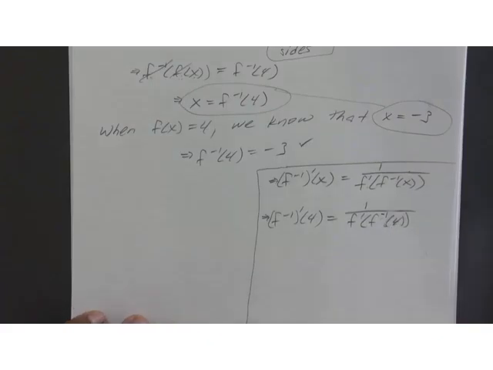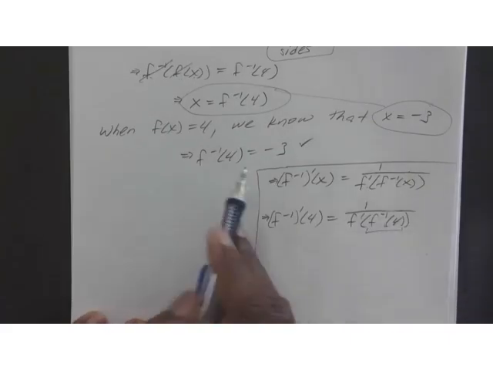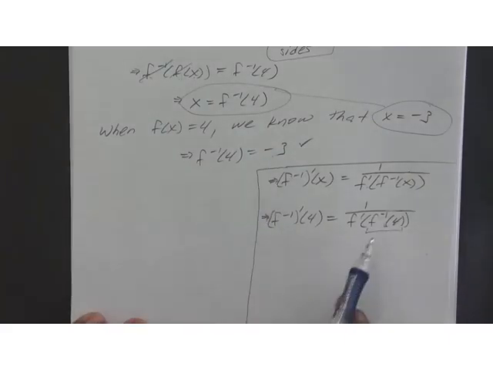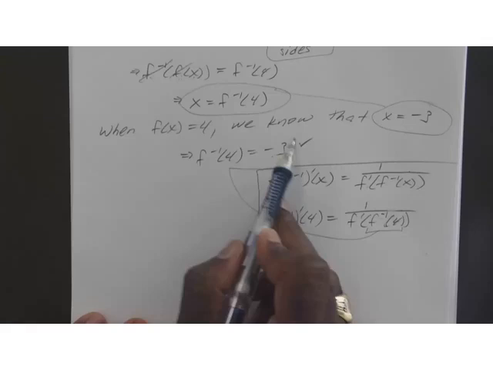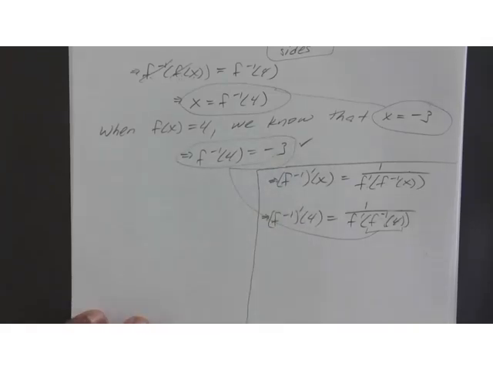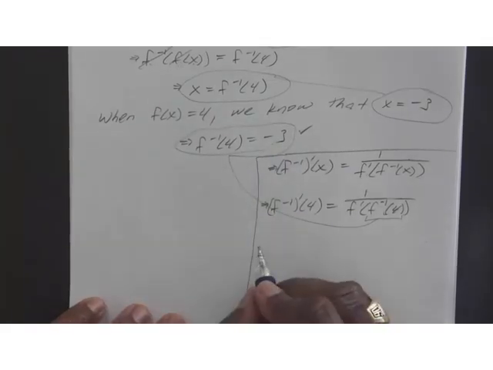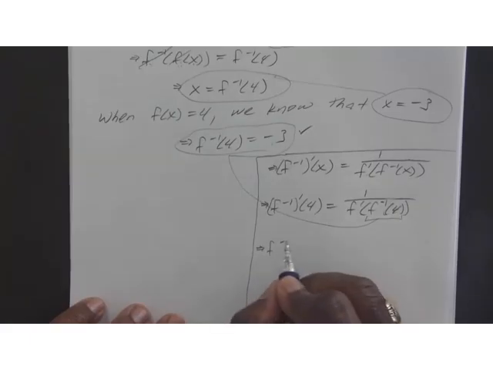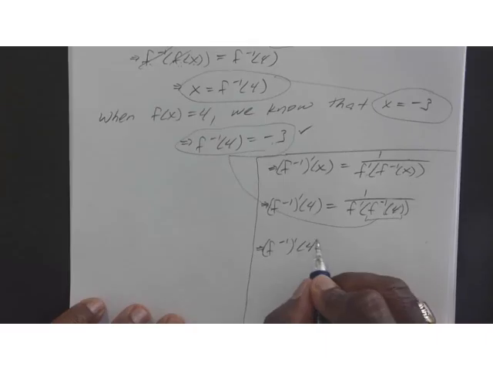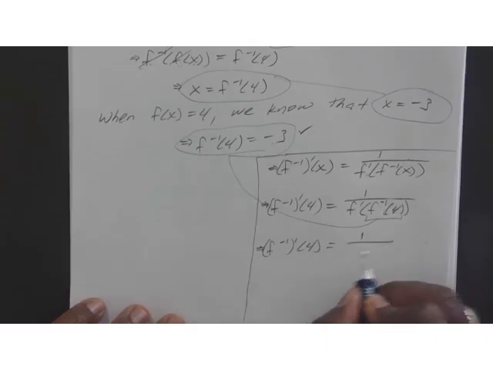Well, we know that f inverse of 4 is equal to -3. So we can just take that and replace it with -3. So f inverse prime of 4 is equal to 1 over f prime of -3.